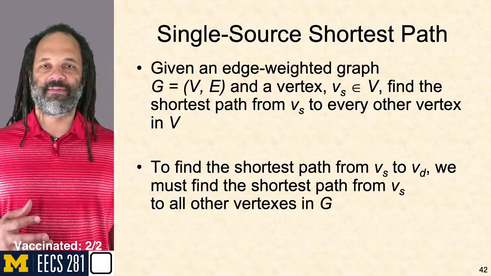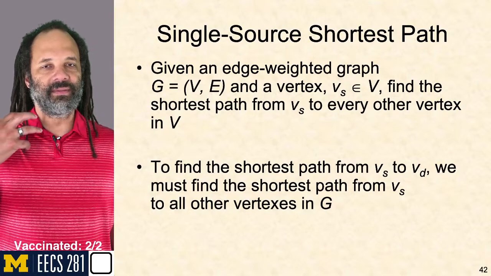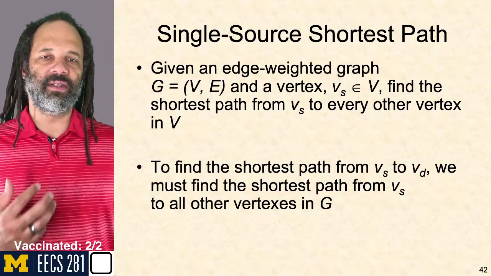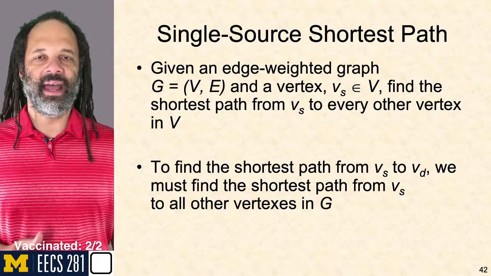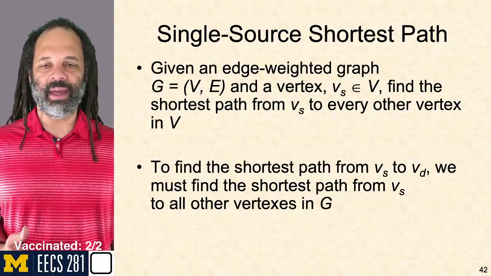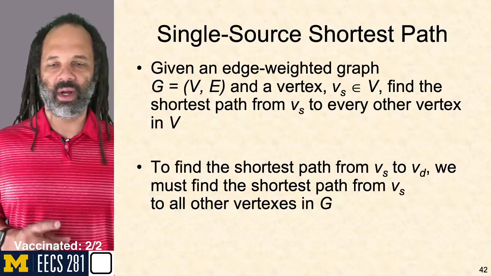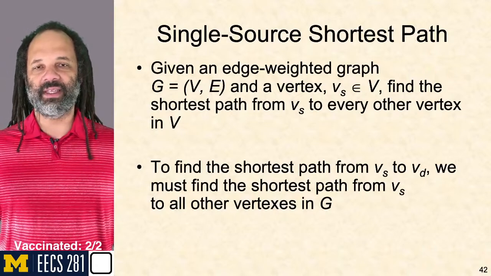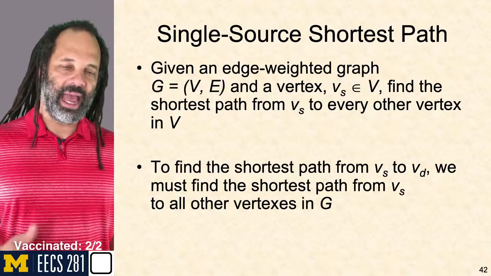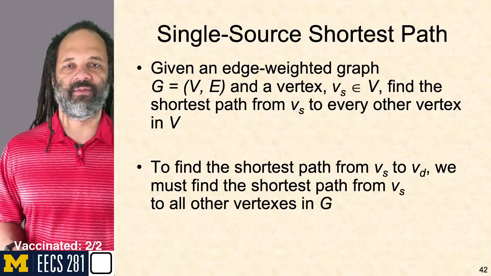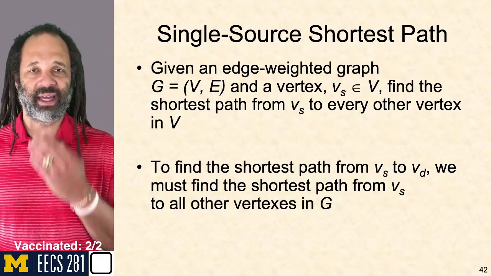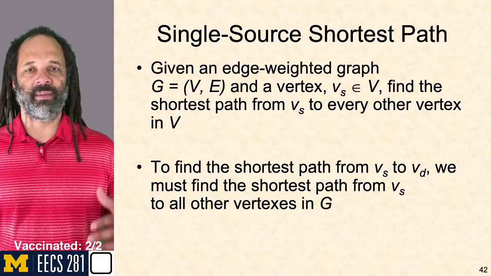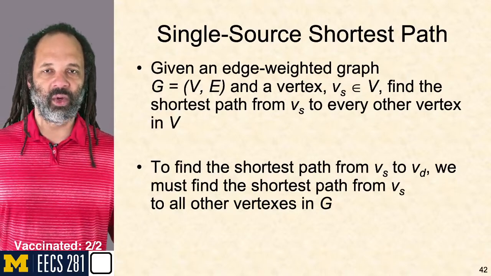So unless I find the path from all of those vertices to the end, then I might be missing something that could get me there sooner, right? So to find the shortest path from V sub s, I'm going to find the shortest path from V sub s to everything, and that will be sure that I found the shortest path from V sub s to V sub d. Sounds like an unbelievable amount of work. Sounds like more work than we need to do, but we can't do it with less work.